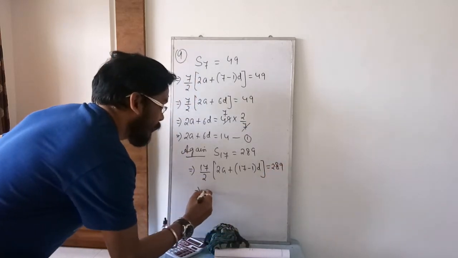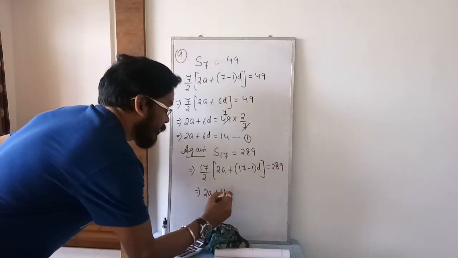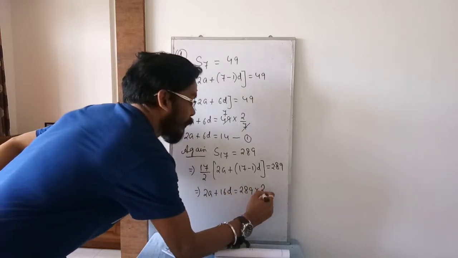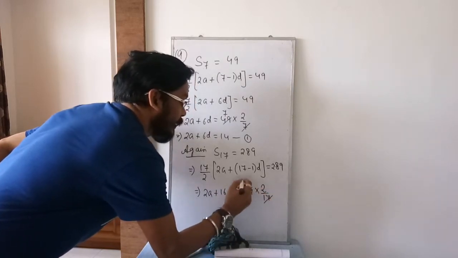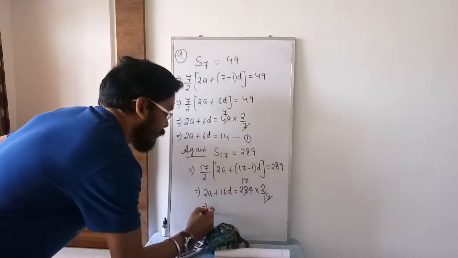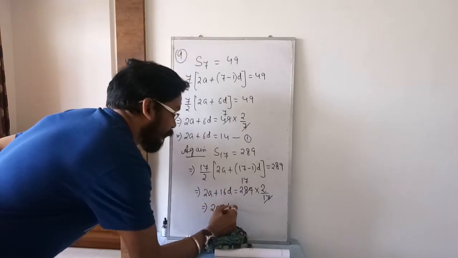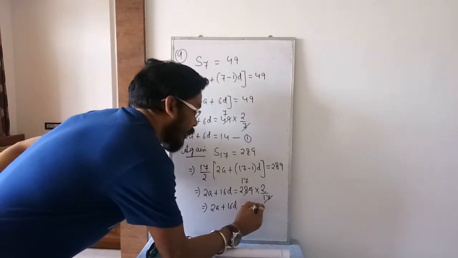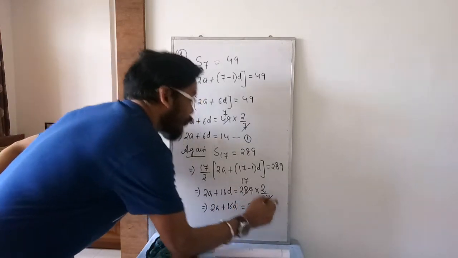Let me shift 17 by 2 to the other side, so it will become 289 into 2 by 17. If you cancel it, it will be 17. So it is twice a plus 16d equal to 34, equation 2.